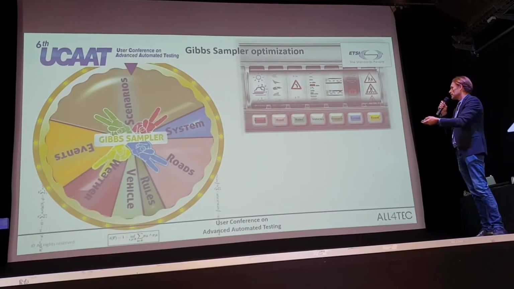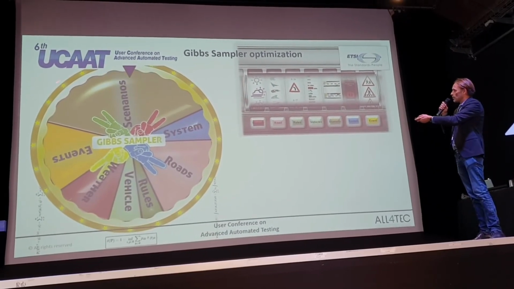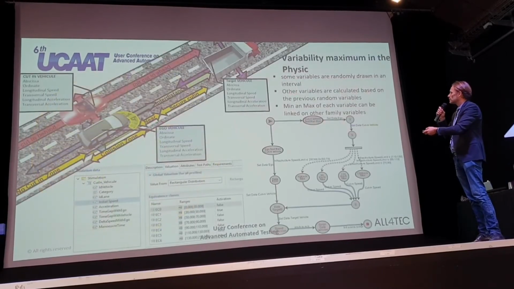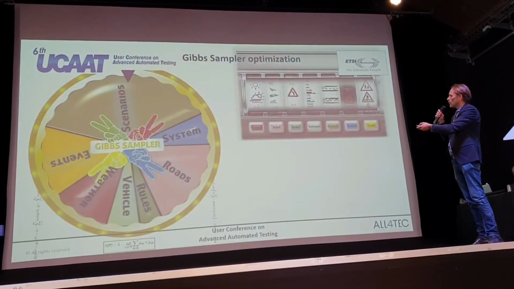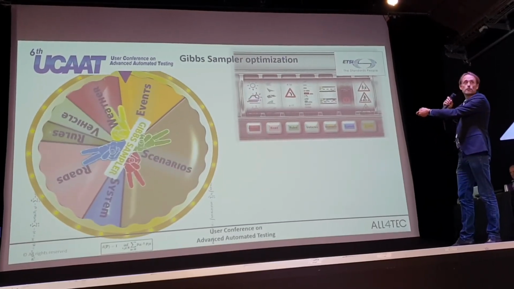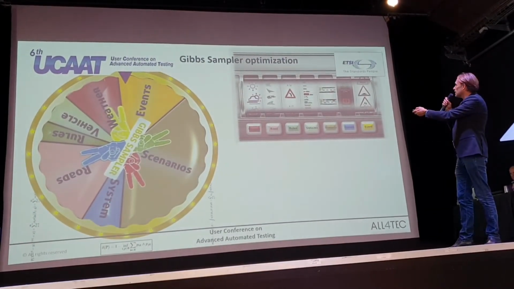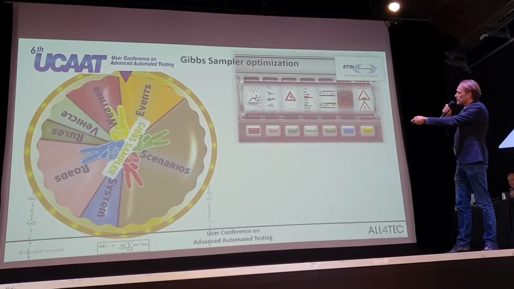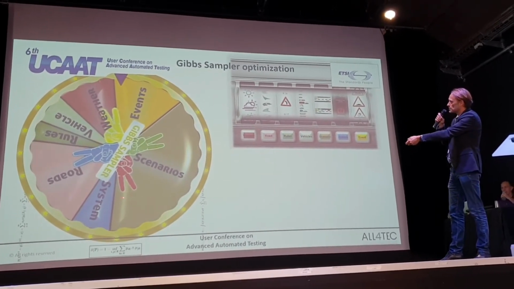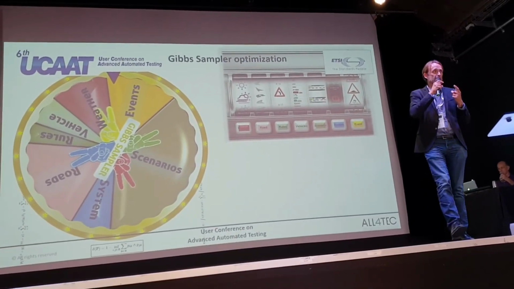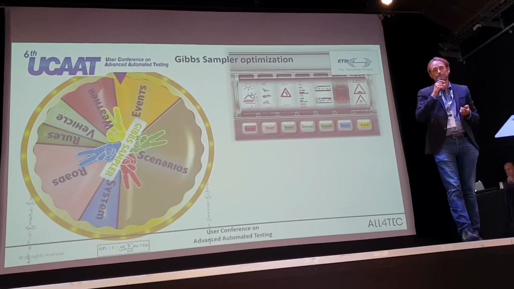You can imagine that all the scenarios, all the families, are on a kind of road, and you can do a loop on the road, and for example, you have some sectors. Here are the sectors of events, the sectors of scenarios, the system and road, and you give a weight to each sector.